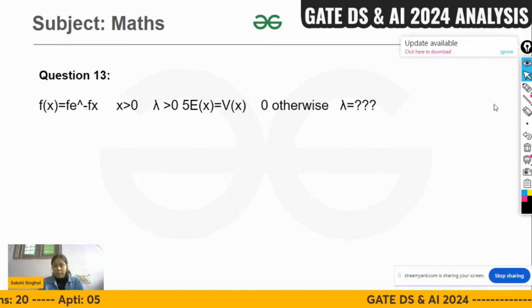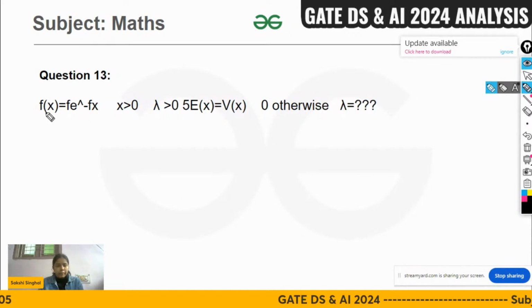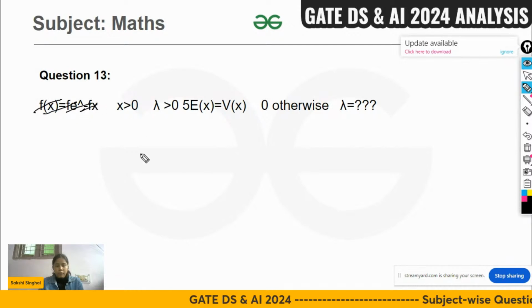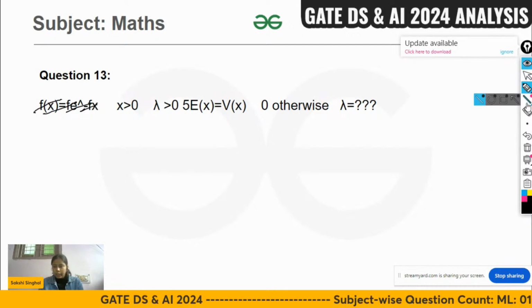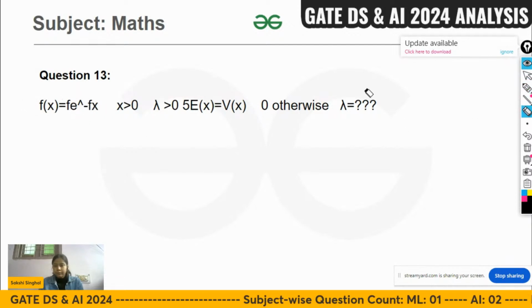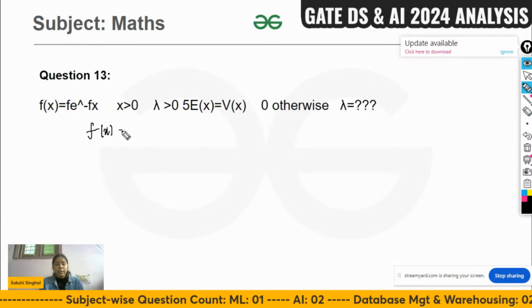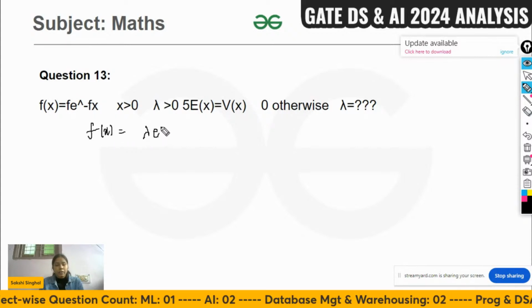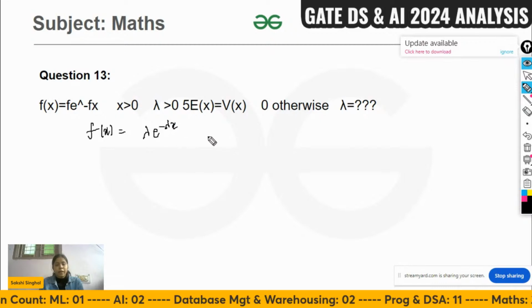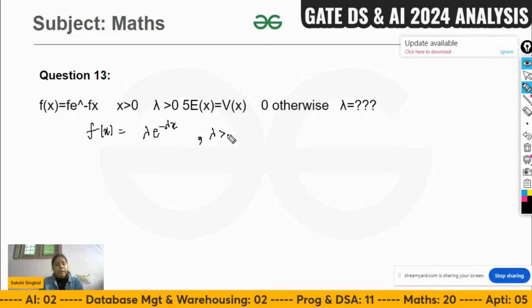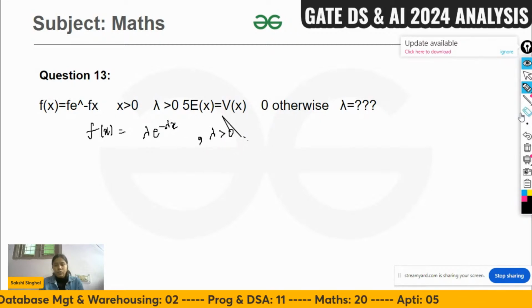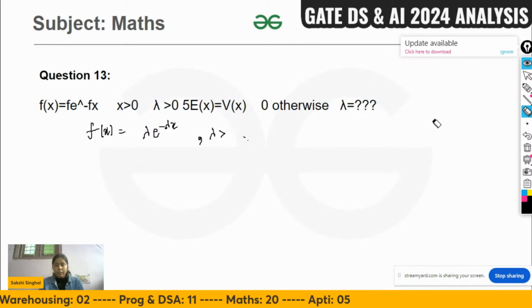So guys, this question, let me write it down correctly. Here the question was giving us the exponential distribution lambda e to the power minus lambda x, where lambda is greater than 0. Right? So we are given this exponential distribution.